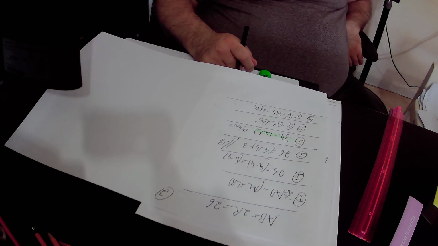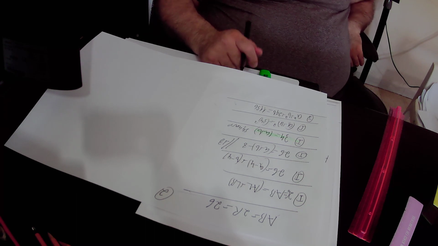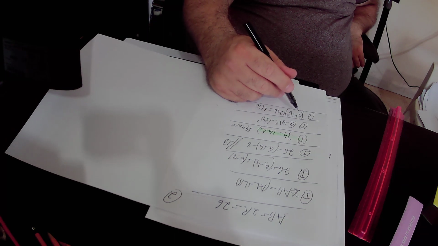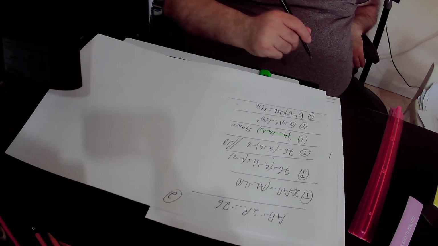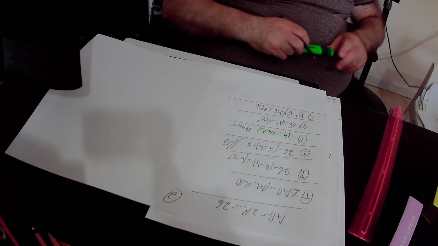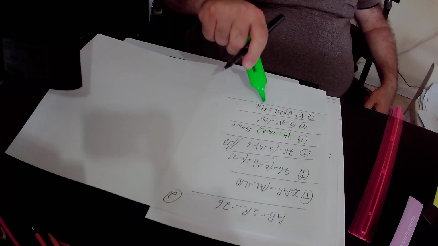Okay. According to equation number 1, A squared plus B squared plus 2 times AB equals 1156. Okay.